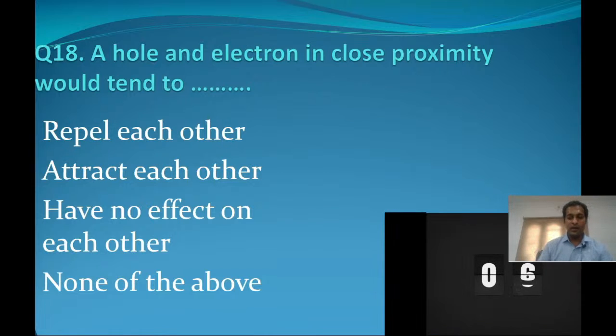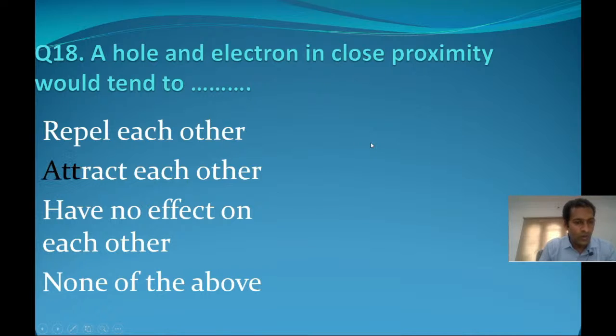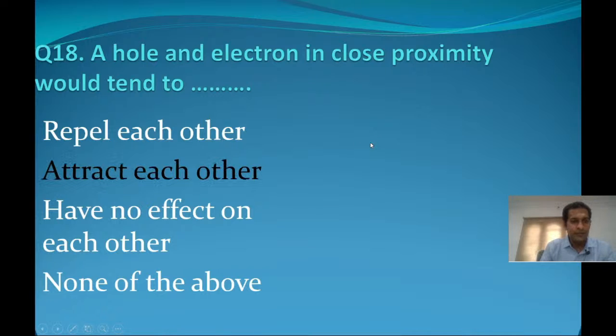Your timer starts now. I can give you 5 seconds, that is enough. Electron is a negatively charged particle, holes are positively charged particles, so they surely attract each other. So the answer is attract each other.